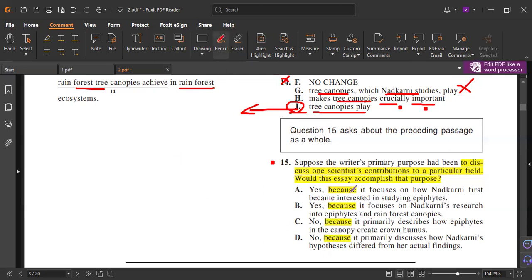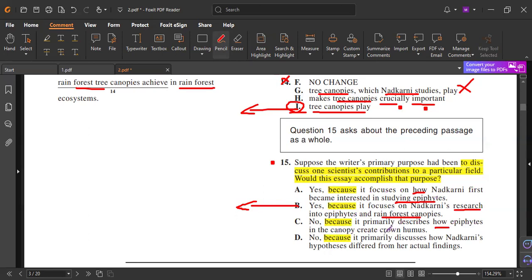Let's revise. Does it focus on how this person first became interested in studying this? Is all of it about that? No. Or he mentioned the research and epithets. Yes, this could be a strong reason. But wait, don't make a decision. Continue. It primarily describes how these in the canopy create a crown.